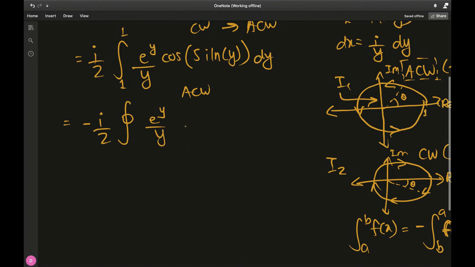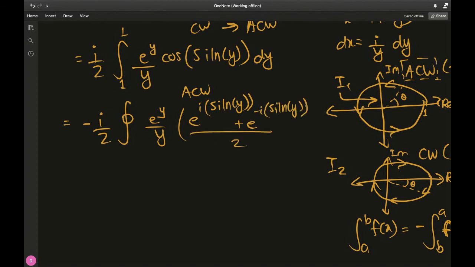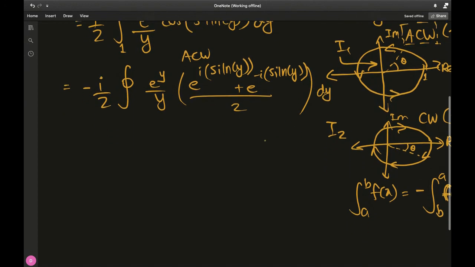Now use the exponential definition of the cosine. So e to the i, 5i times natural log of y, plus e to the negative i, 5i natural log of y, over 2 and a dy.